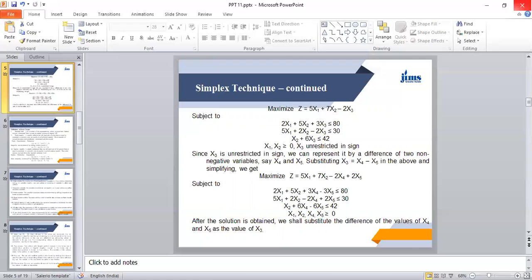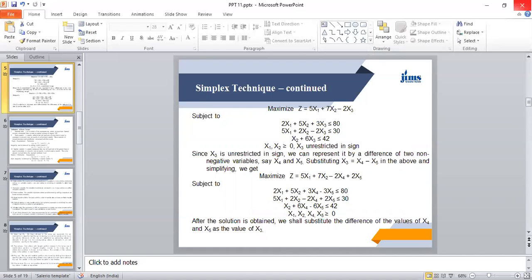So we replace x3 by x4 minus x5, where x4 is also positive and x5 is also positive.